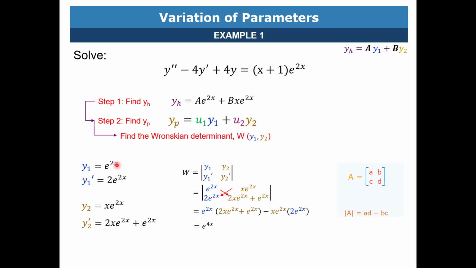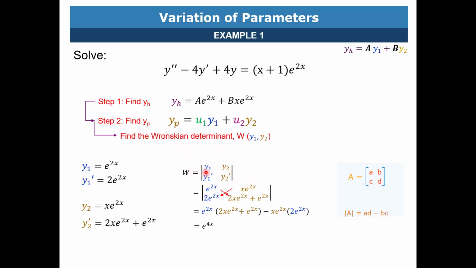But the first step is to find the Wronskian determinant W of y1 and y2. W is a matrix of y1, y1 prime, y2, y2 prime. So you have to find the determinant of this matrix.